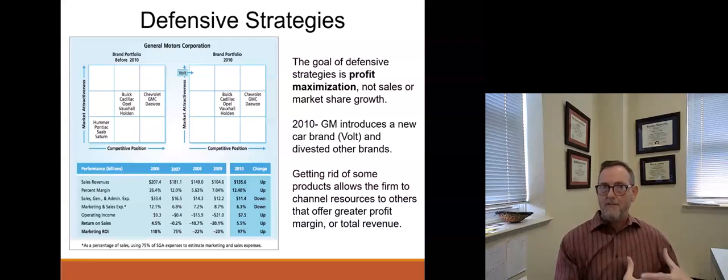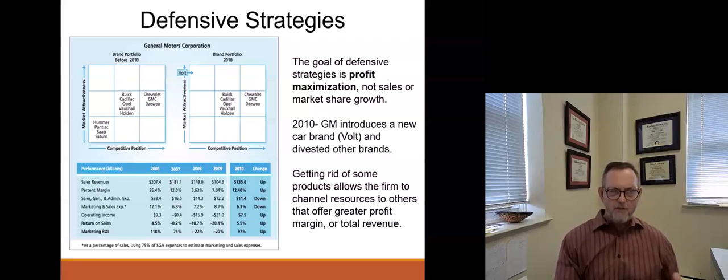That's a very defensive type of thing, while also taking an offensive or protective stance in some of your other categories. So pre-2010, they had the Hummer, Pontiac, Saab, and Saturn brands. They divested those brands and added the technologies of hybrids with the Volt, and reshaped their company's portfolio after 2010.